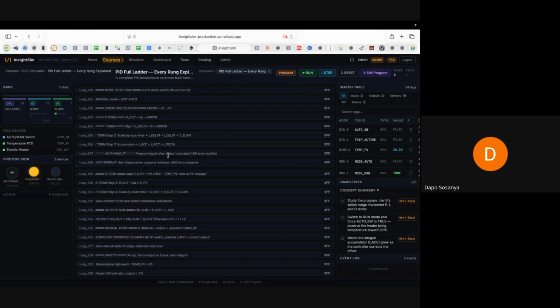Where all the explanation, the detail, so you can see from rung 000 up to rung 20. You can see all of those, where you do the mode selection, where you do the error calculation, where you do the anti-windup.